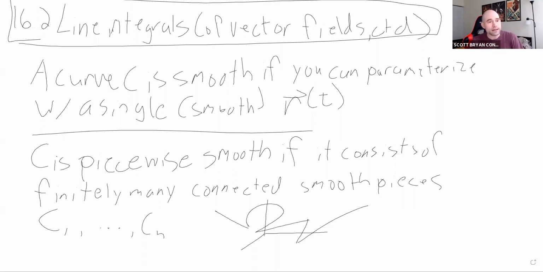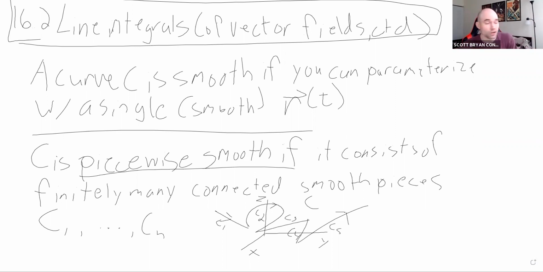If you've got kinks in there, you're not going to be able to parameterize the whole thing in one go. You're going to have to parameterize it piece by piece. But as long as there are only finitely many of them, and each one of those is smooth, say C1, C2, C3, C4, C5, we say this whole thing is C. Let's say we're going this way along here, because we need to be mindful of orientation. The whole thing is C, but it consists of finitely many connected smooth pieces. We say it's piecewise smooth.